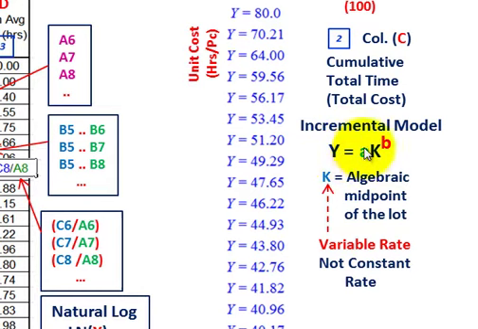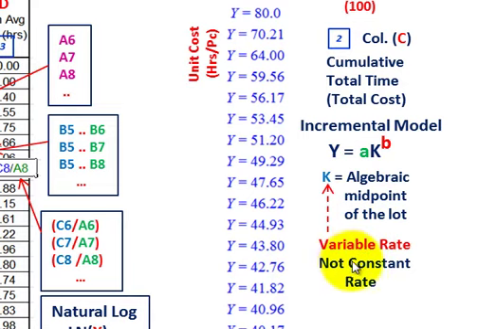So again, this y was unit cost. Y equals your unit cost times this k, which represents some algebraic midpoint of the lot or the units that you're working with, and then it was raised to the power of b. So the difference with this incremental model is that this k, or what units you're working with, is some algebraic midpoint of some lot number, and that is what we're talking about, this variable rate.